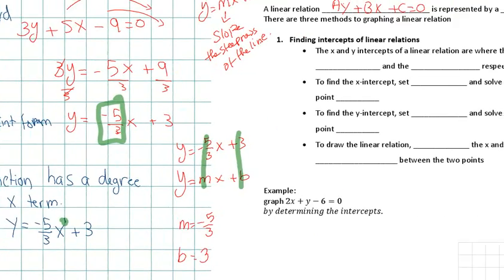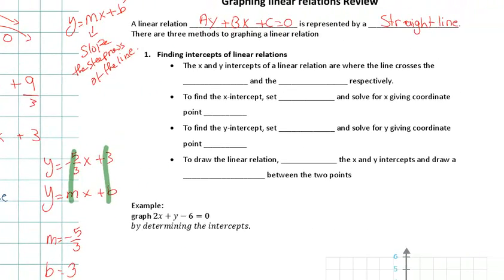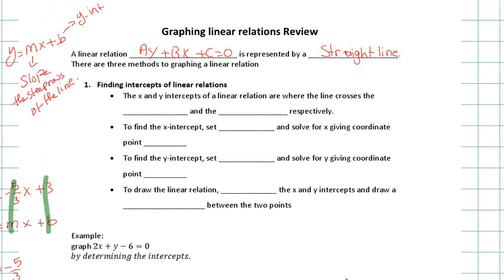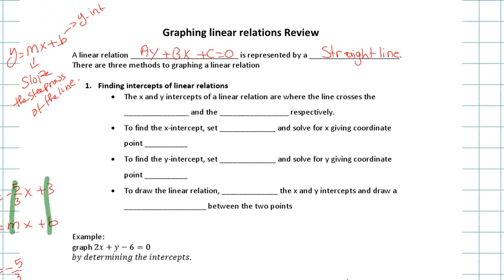So there's different ways that you can graph a linear function. One way is you find the x and the y intercept. So if I'm looking at a linear function, let's look at this right here. That's a linear function, right? Look at the black line right here.